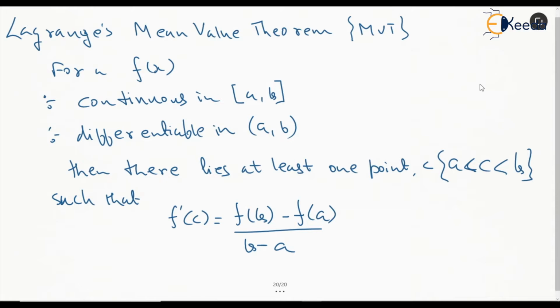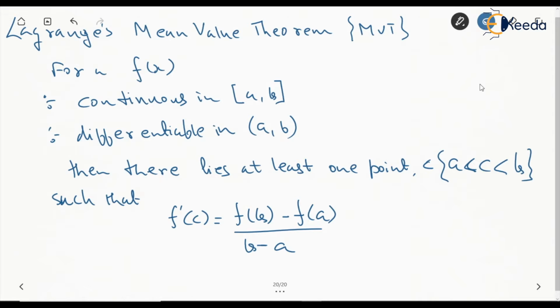So the only difference between Rolle's theorem and Lagrange's mean value theorem is that the function may not be equal at A and B, but again there is at least one point. So there can be more than one point C where C is between A and B, such that the derivative at that point is f of B minus f of A, divided by b minus a.